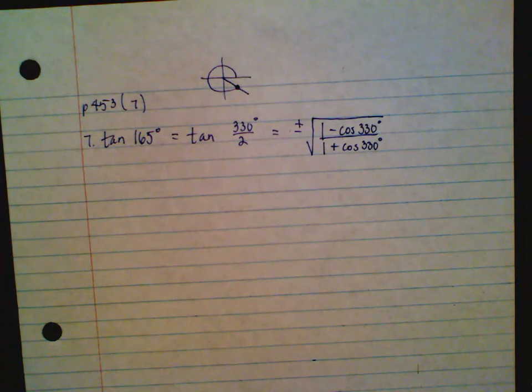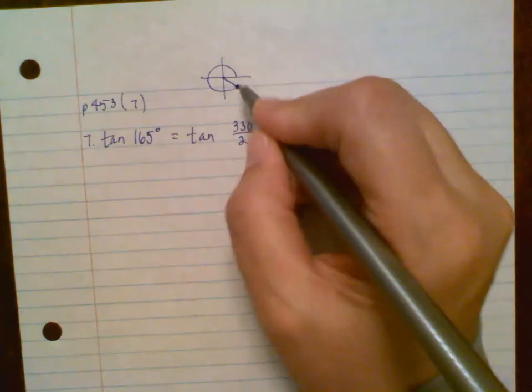All right, so let me look up this one really quickly. When I look at 330 degrees, I know there's a nice little chart somewhere in here. Okay, I can't really find it.